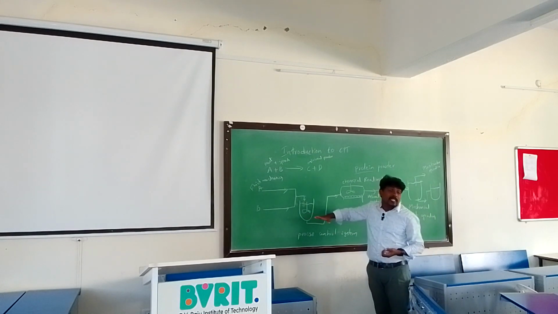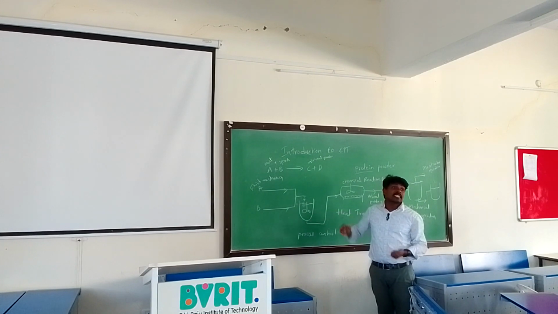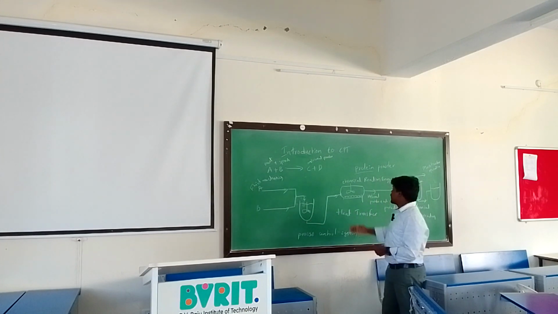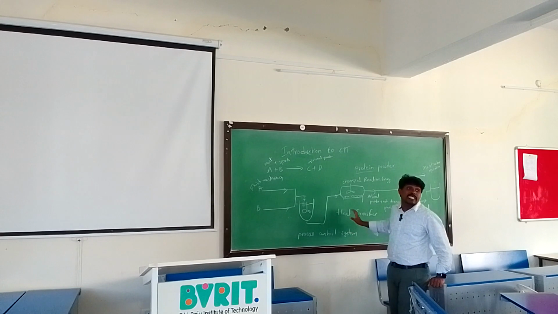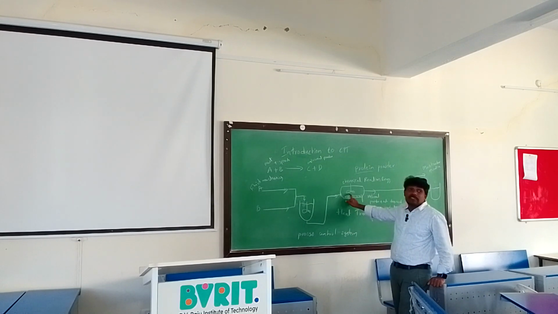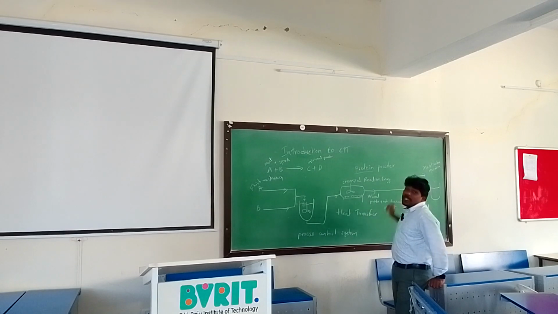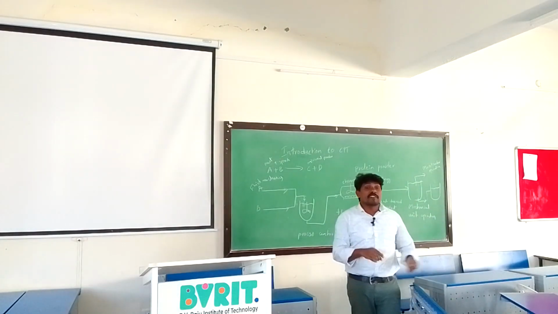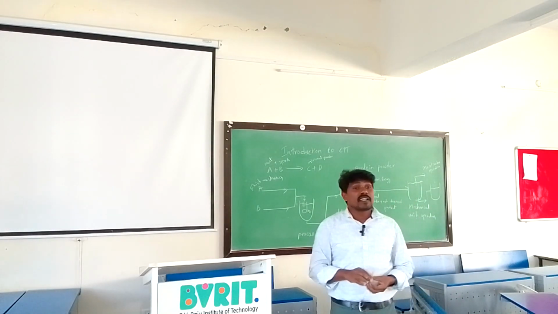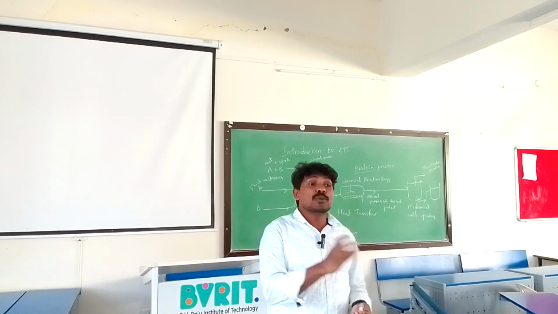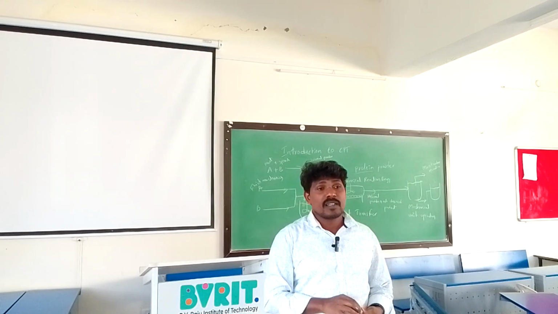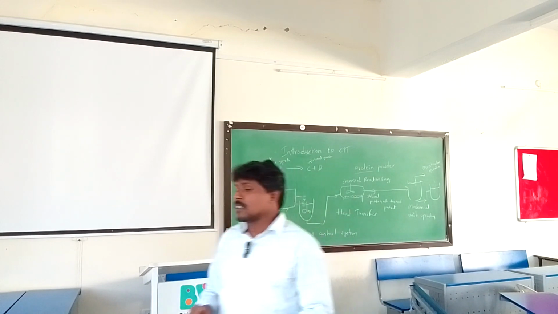To do this mixing work, how much heat energy or work energy is required? Next, reaction: how much heat energy is required to convert A plus B into C plus D? After that, separation: how much work energy is required? Work energy or heat energy is required to do a particular work.